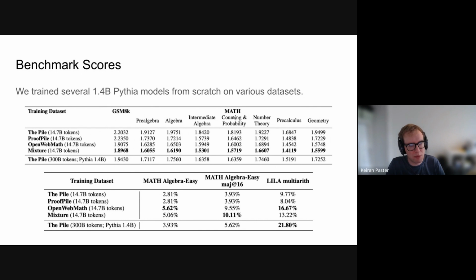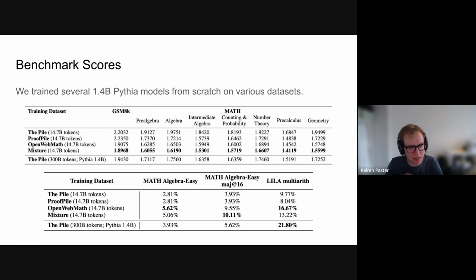We look at these two benchmarks, GSM8K and MATH, and we found that the model trained on OpenWebMath and the model trained on a mixture of OpenWebMath and Proof Pile perform really, really well and have a very low perplexity on these data sets. Surprisingly, they actually outperform this Pythia 1.4B model, which was trained on 300 billion tokens. So an order of magnitude more tokens of general text, and we're actually outperforming that.